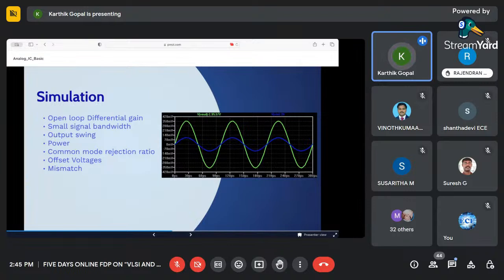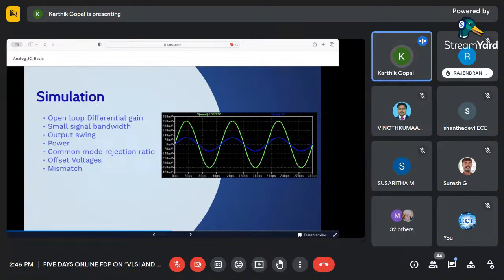So what simulations do we do for an op-amp? Open loop differential gain, small signal bandwidth, output swing, how much swing it can withstand. As I said, you have a 1 millivolt peak to peak signal. You want 10 times the gain, so the output is going to become 10 millivolt peak to peak. Whether your system can withstand that 10 millivolt peak to peak, that is a requirement.